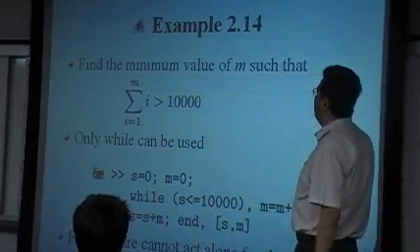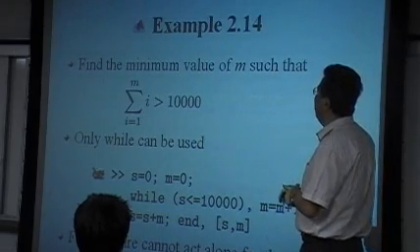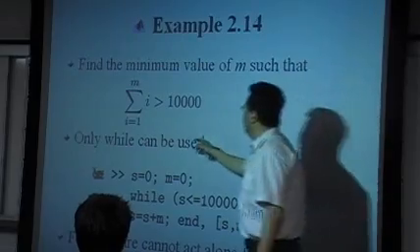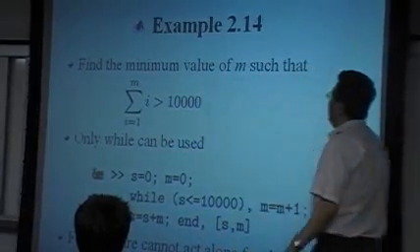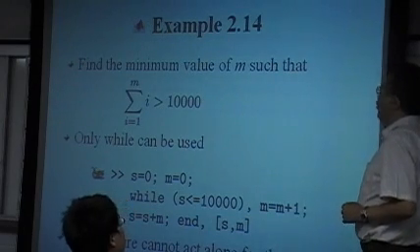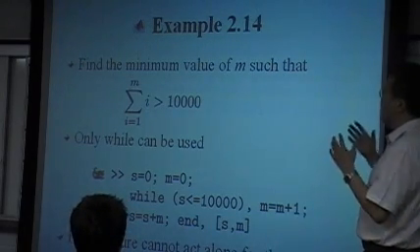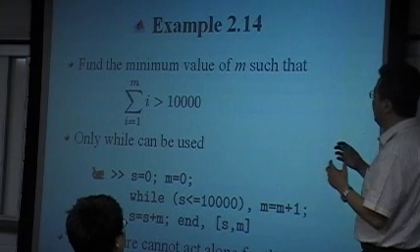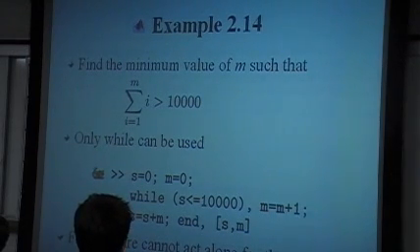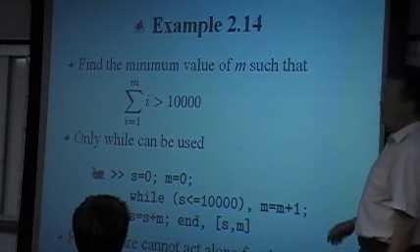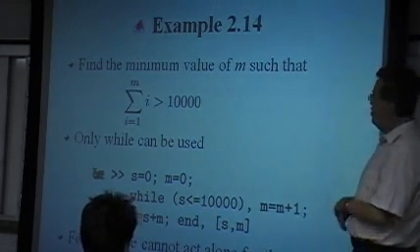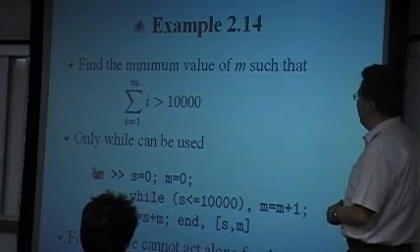We can find the m. Of course, m is not unique. We need the smallest m which makes the inequality hold. For this problem, it is immediately seen that the for loop is not working because we cannot define the vector V because we do not know the last value of m. So in this case, the for loop is not useful. So we have to use the while loop.